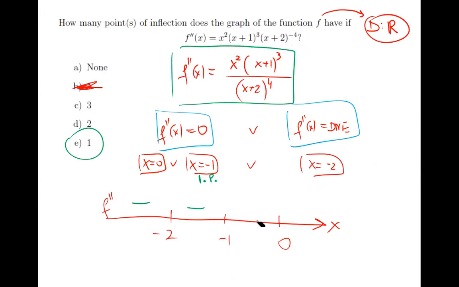This is negative 1/2. Negative 1/2 will give me positive, positive, and then positive. That means we can see the function is concave down, concave up, concave up. Only here is the concavity changing. Okay, that means please be careful.